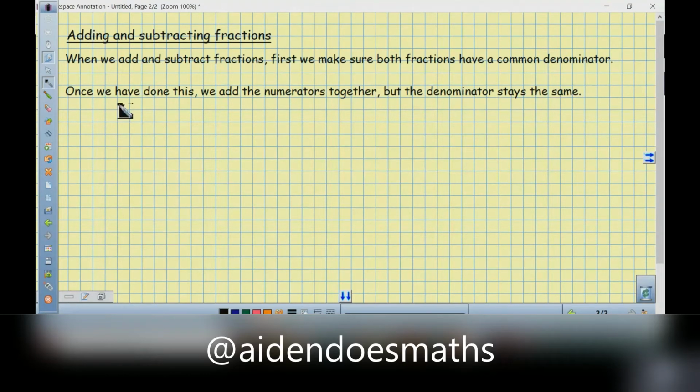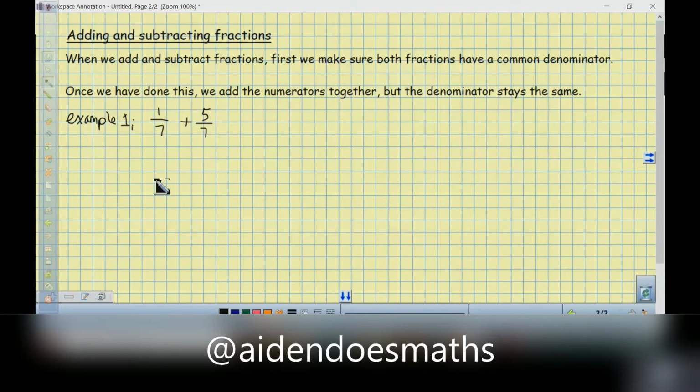Okay, so again, let's talk through some examples. So example 1. Got 1/7 plus 5/7.